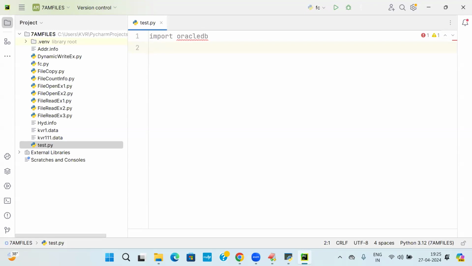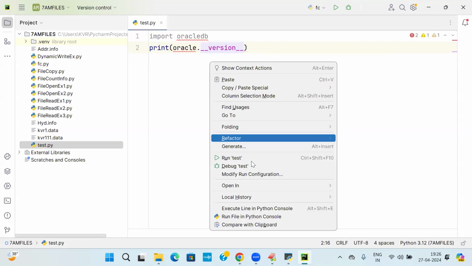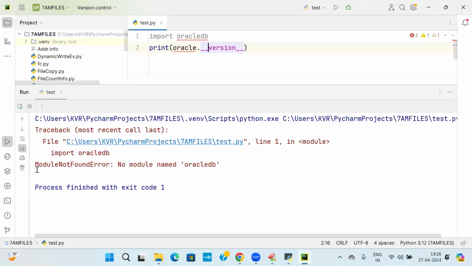I'm using PyCharm. Don't worry about it. Just I'm writing something, oracledb dot underscore version. Just I want to show you one third-party name. Error is coming. Read out that: ModuleNotFoundError. No module named what?